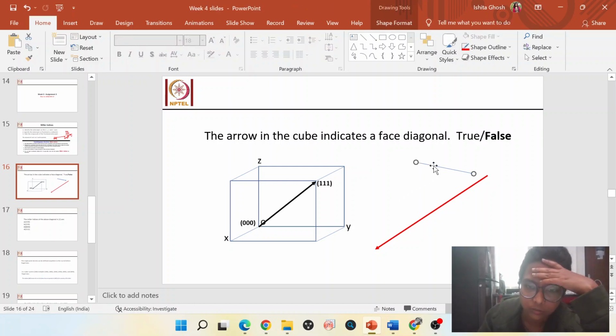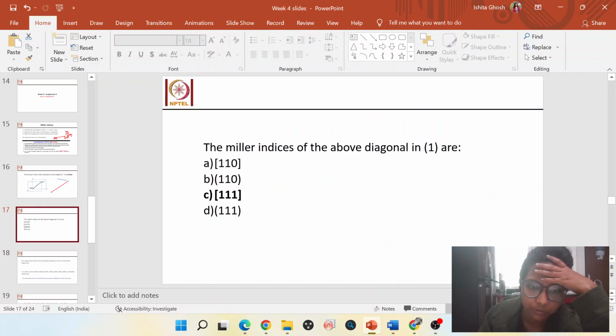Yeah, we will come to that. So this is clear, right? This is 1, 1, 1. Here the option was this C option. So this is also 1, 1, 1, but you should remember that directions are defined in square brackets.